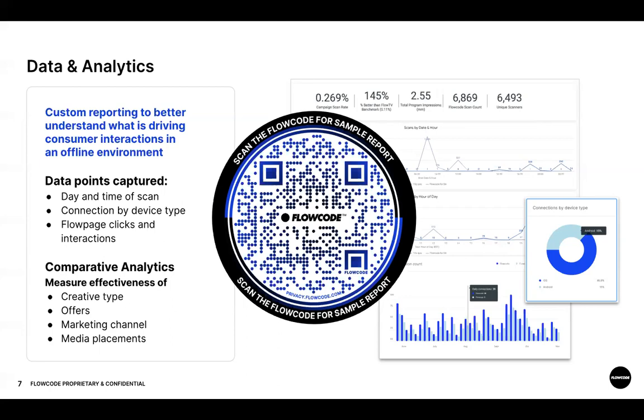And really, all of this data is meant to help you measure the effectiveness of your marketing. You can measure different creative types that are working for you, promotional offers, marketing placements. Really, it's all in your hands. But if data and analytics is truly important to you, please go ahead and scan the flow code on the screen.